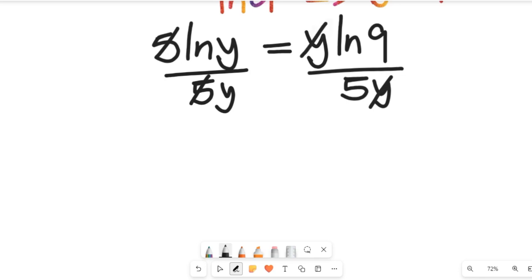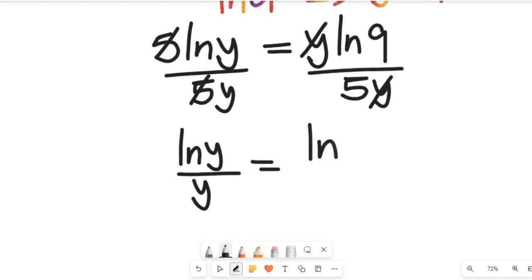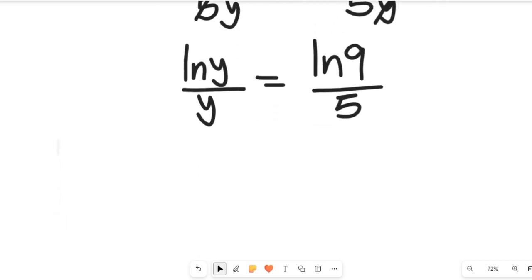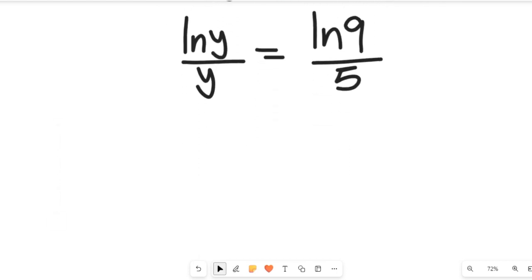So our result is going to be the natural log of y divided by y, and that will be equal to the natural log of 9 divided by 5. Great. We've gradually started bringing down this equation.